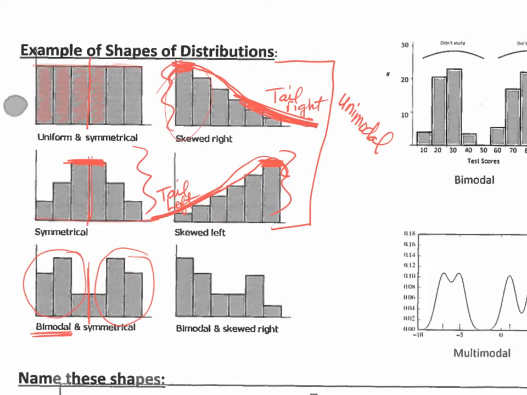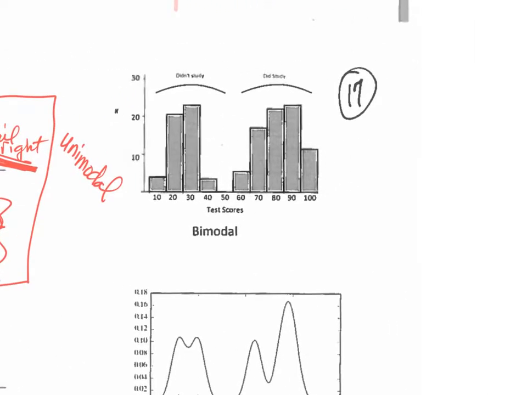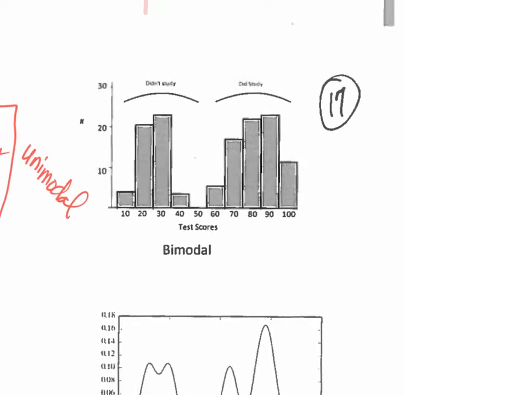Now, bimodal distributions typically happen because you've got subsets of data. For example, and I'm going to redraw this one a little bit because you don't have to have a blank space in between the 2 sections. You could also have that going on. So we could do this problem and see that we have got 2 modes.